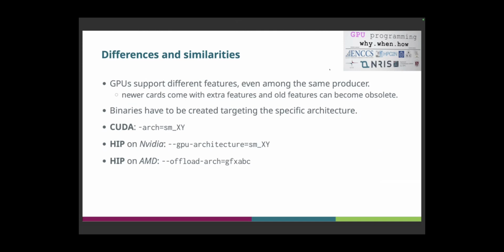If we don't specify the architecture correctly, we end up with code which might not run efficiently on our GPU, and it might even compile and then just not work, because we are using the wrong architecture for the binaries that is not supported by the specific GPU.